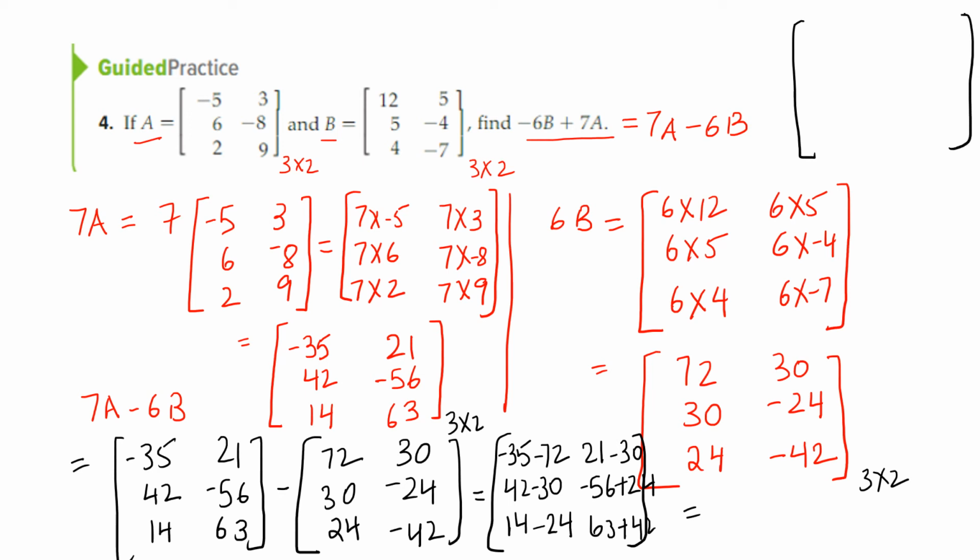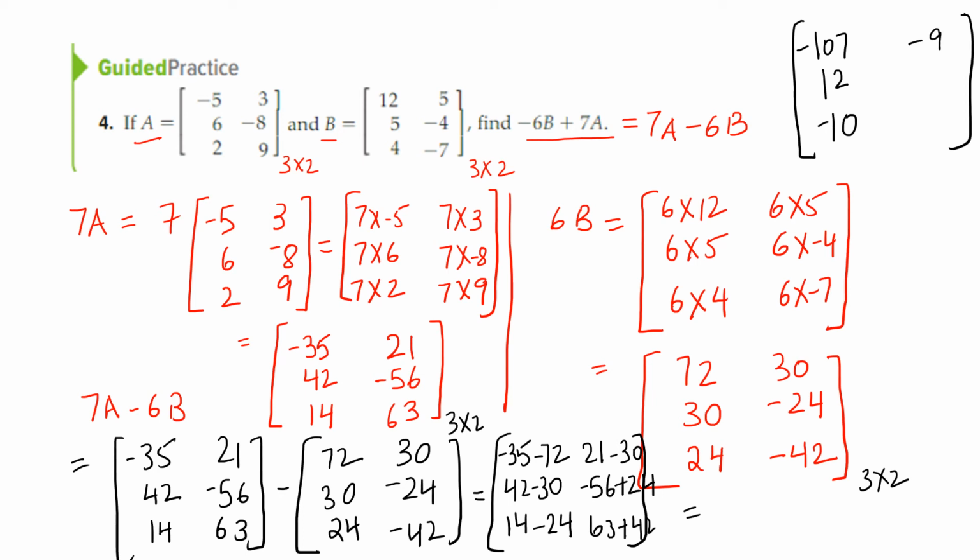Let's do the final step. So negative 35 with negative 72 would give you negative 107. Here you will get a 12. Here you will get a negative 10. Let's do here as well. So 30 minus 21, that's a negative 9.